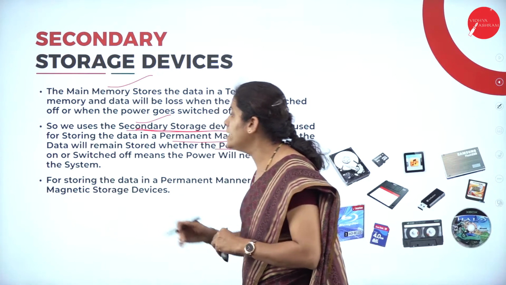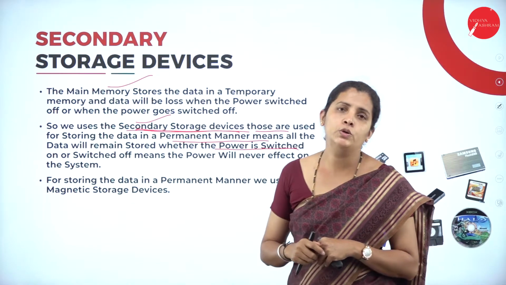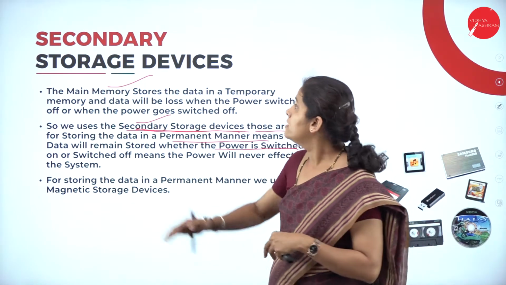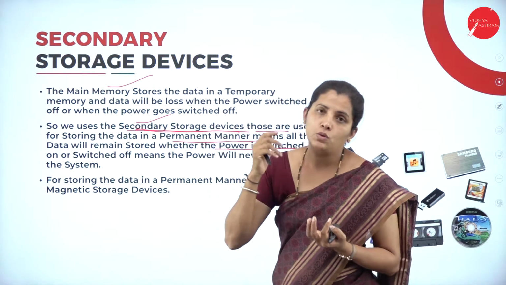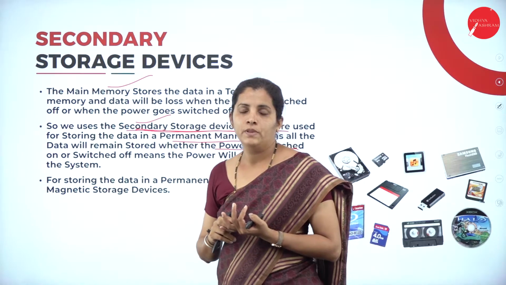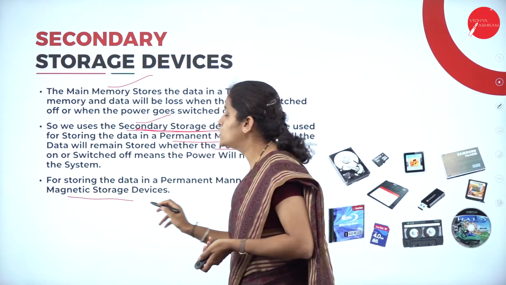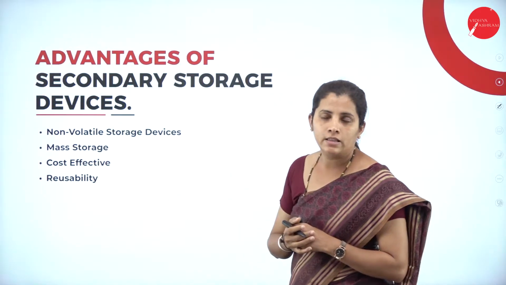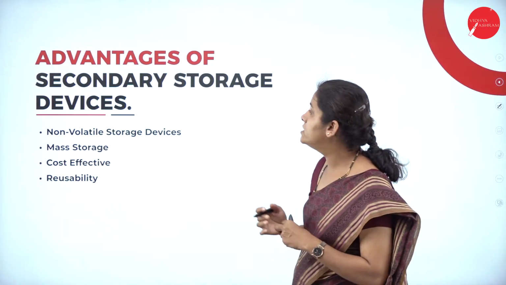For storing data in a permanent manner, we are going to use magnetic storage device. In secondary storage device, we want to store the data permanently, and for that purpose we use magnetic storage device. Further, we are going to look at the advantages of secondary storage device.